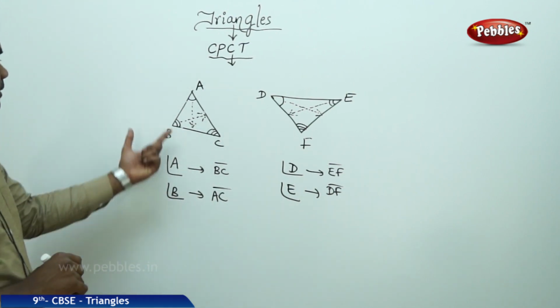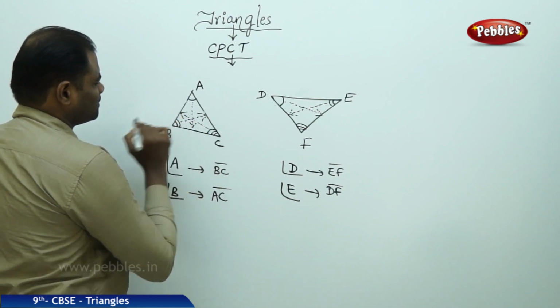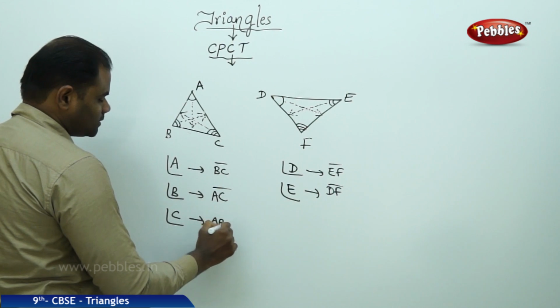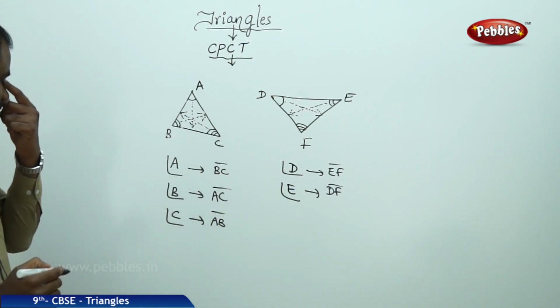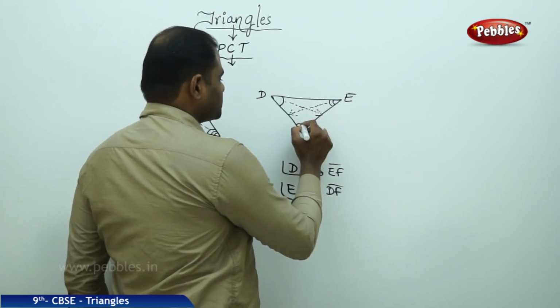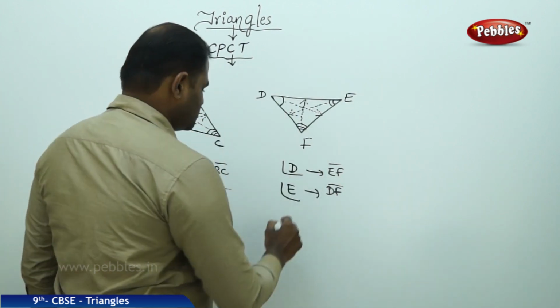And lastly, the side corresponding to angle C is AB. So, for angle C, my side is AB, and the corresponding angle for C is angle F. Therefore, its corresponding side is DE.